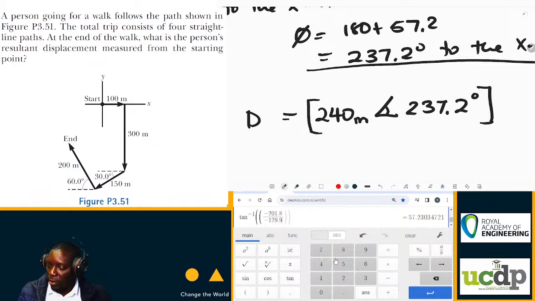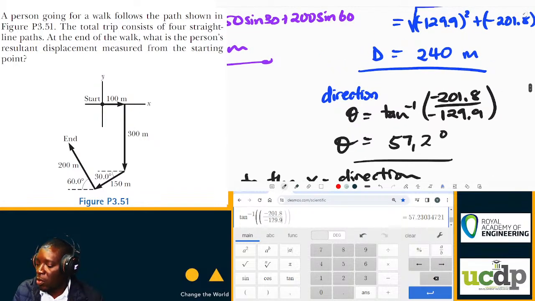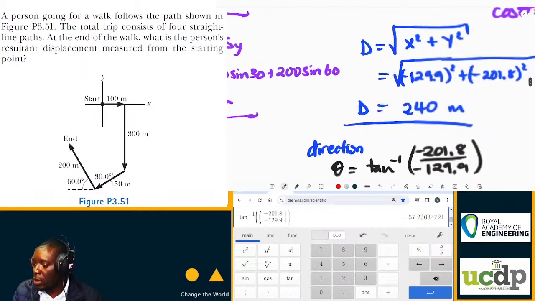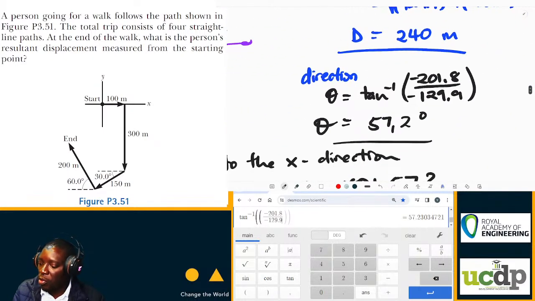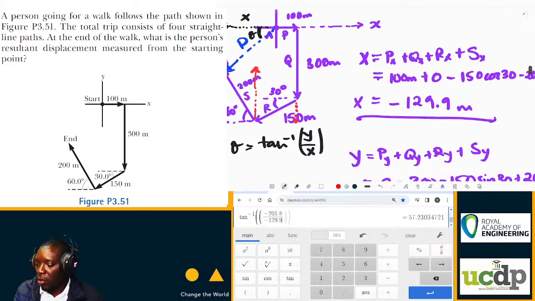So that's the 240 meters and the angle it makes to the x direction. Okay, so that's quite simple. If you deal with your components right, you know where to use your cos theta and your sin theta. You resolve to find the resultant, and you use the angles to find the direction. So that's basically how you apply this to distances, to forces, whichever way. The vector addition will always depend on these components, and make sure you do them right.